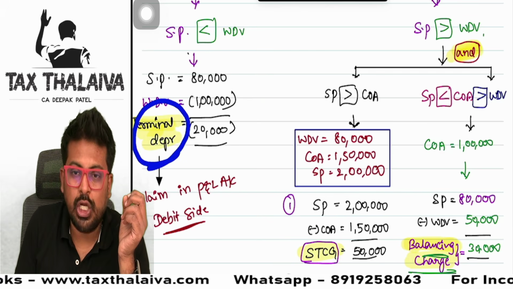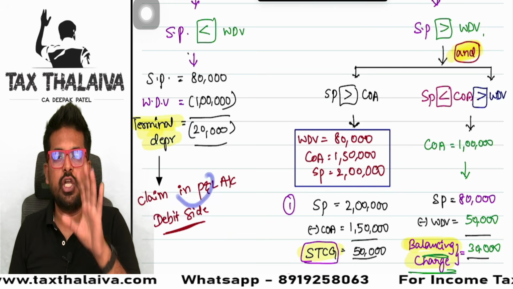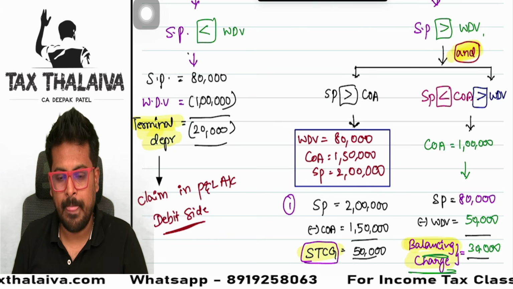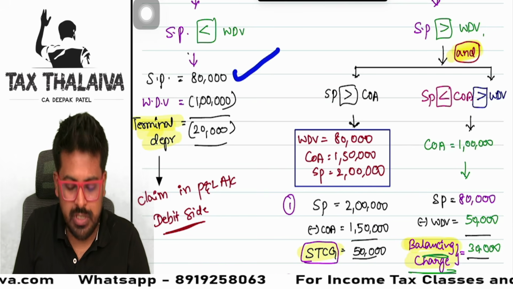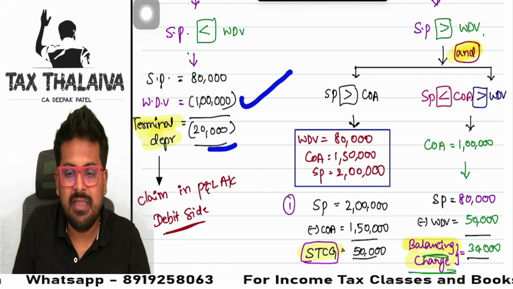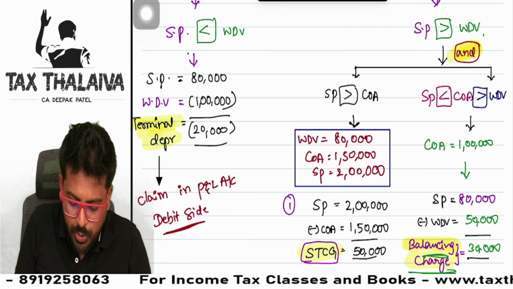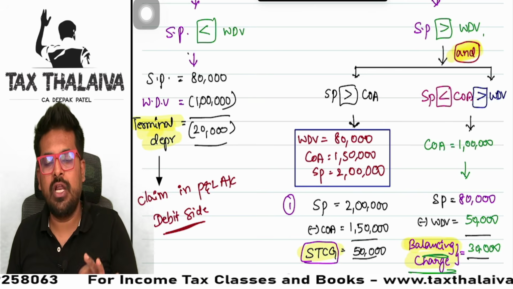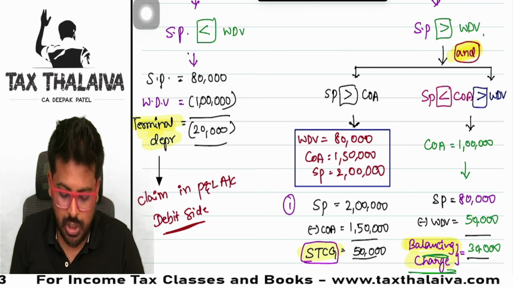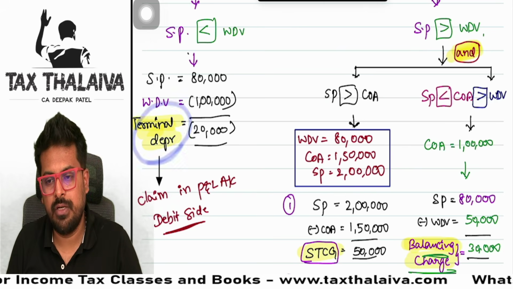You have to claim it as expenditure in your profit and loss account. If the sale price is 80,000 and WDV was 1 lakh, then the 20,000 will be called terminal depreciation, and you can claim this on the debit side of your profit and loss account as an expenditure. This is called terminal depreciation.